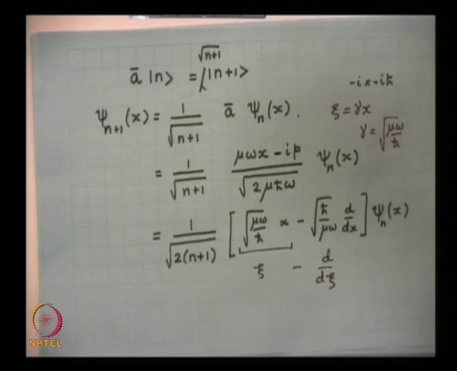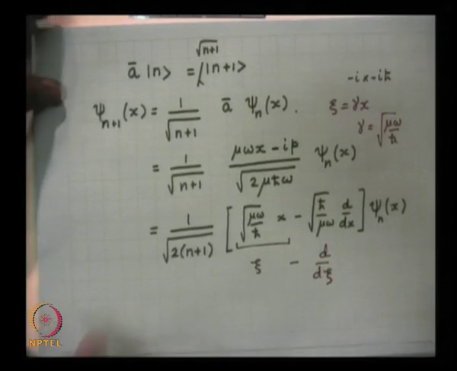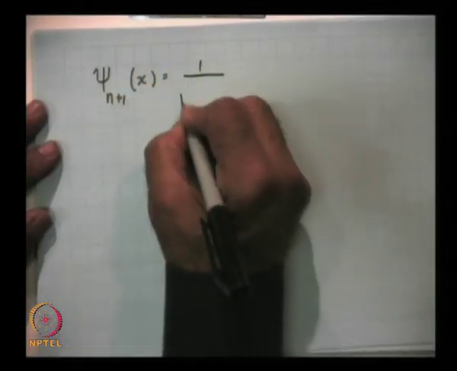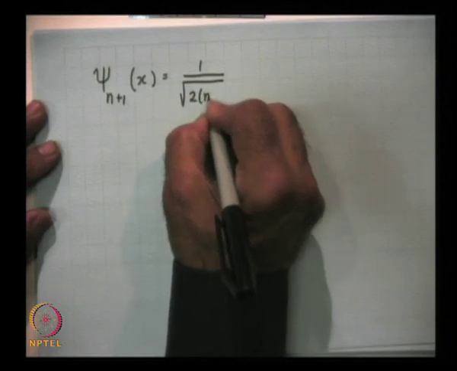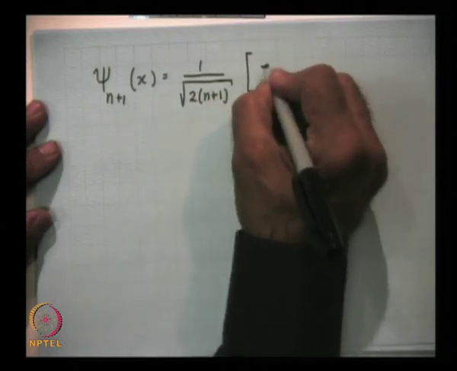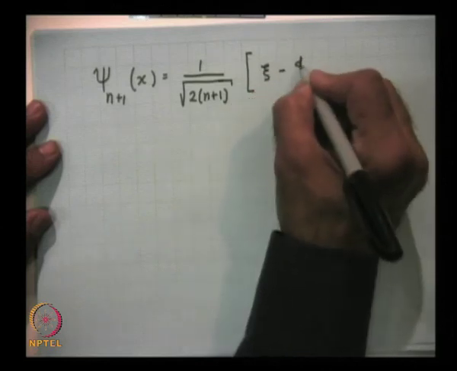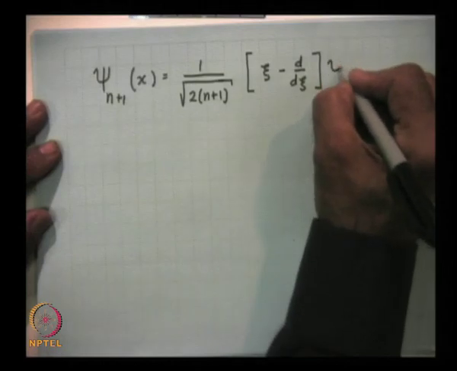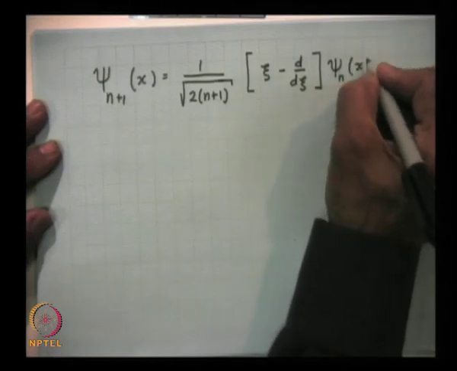So, therefore, we get the very important result from the operator algebra that psi n plus 1 of x is equal to 1 over under root of 2 n plus 1, xi minus d of d xi, psi n of x.